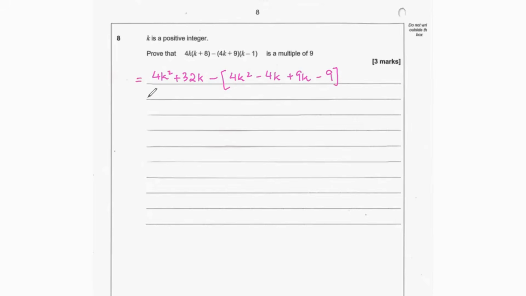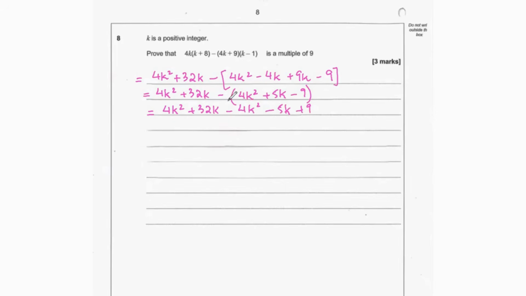Collect the like terms in the bracket. So 4k square plus 32k minus 4k square plus 5k minus 9. 4k square plus 32k minus 4k square minus 5k plus 9.